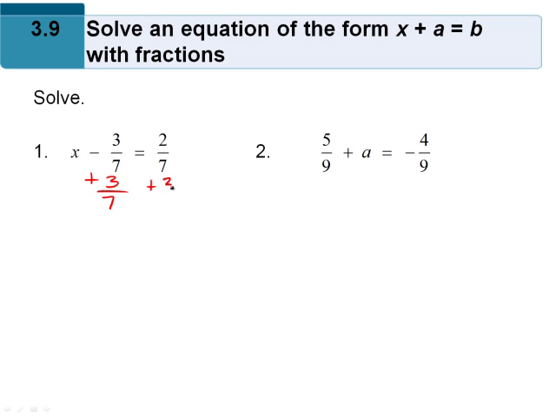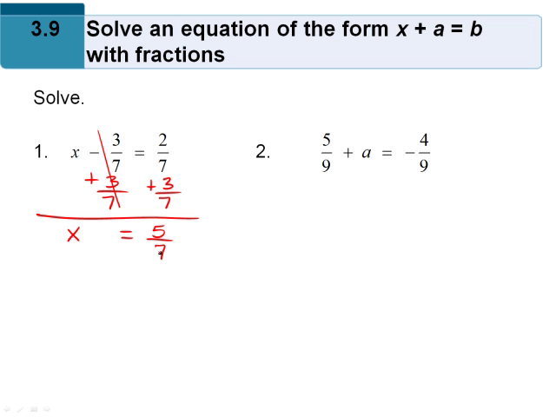The nice thing is you have common denominators. The x comes down, negative 3/7 plus 3/7 cancels to 0, you bring down your equal sign, and with a common denominator we add the numerators: 2 plus 3 is 5/7.